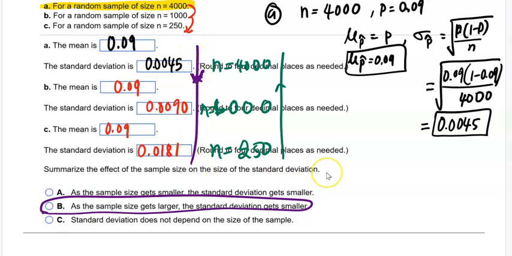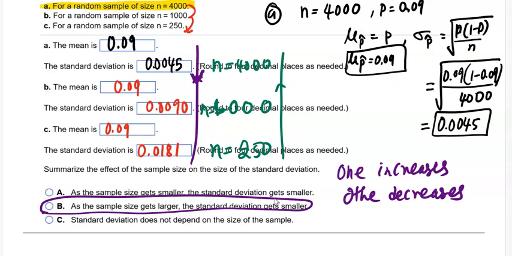You can see it the other way around. Okay, that's the answer. It's like an inverse relationship: one increases, the other decreases. As the sample size increases, the standard deviation decreases, and vice versa.